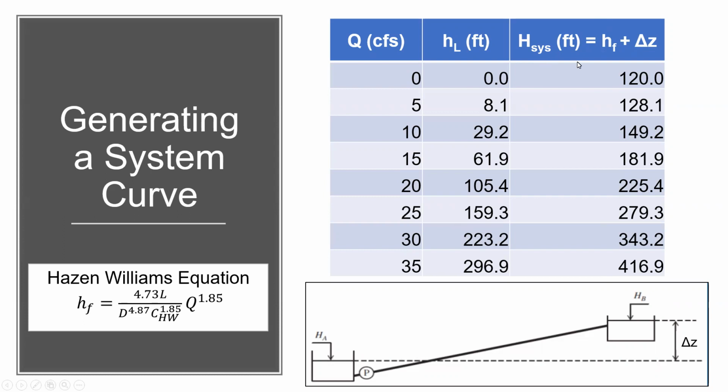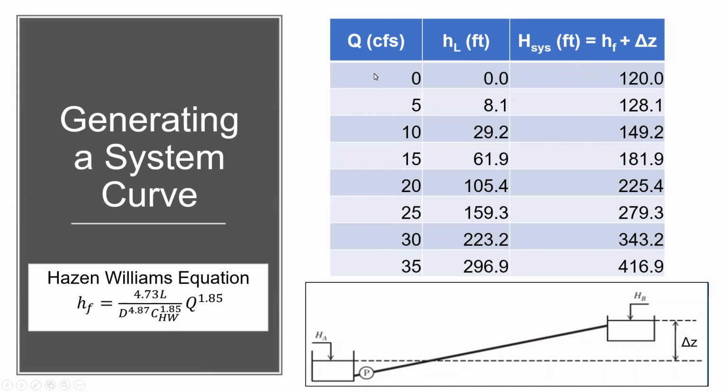So ultimately in this kind of open to atmosphere system, one reservoir to another, that's going to be the head loss in the system plus the elevation gain. We can use the Hazen-Williams equation, we can use the Darcy-Weisbach equation, and we can say for a given flow rate, what is my head loss with the Darcy-Weisbach, and then what is the overall system curve.